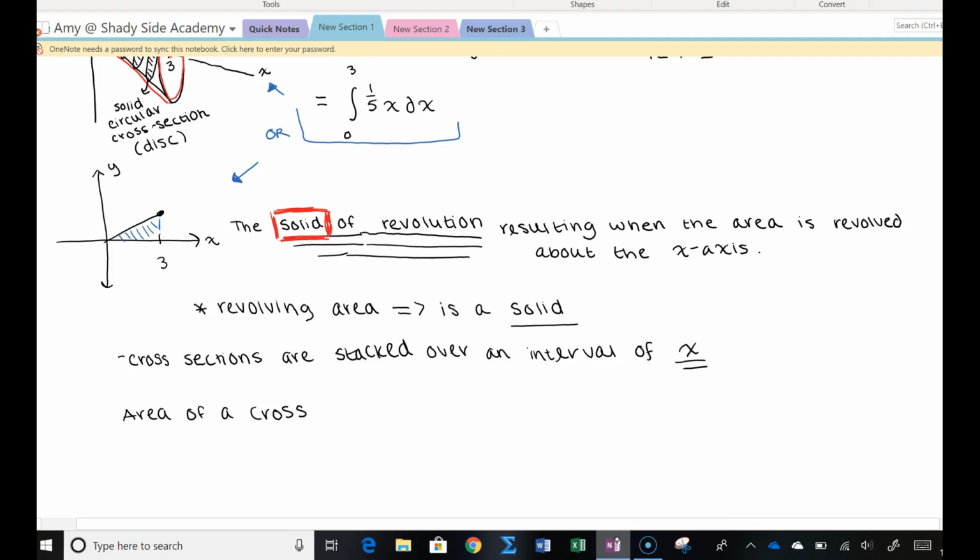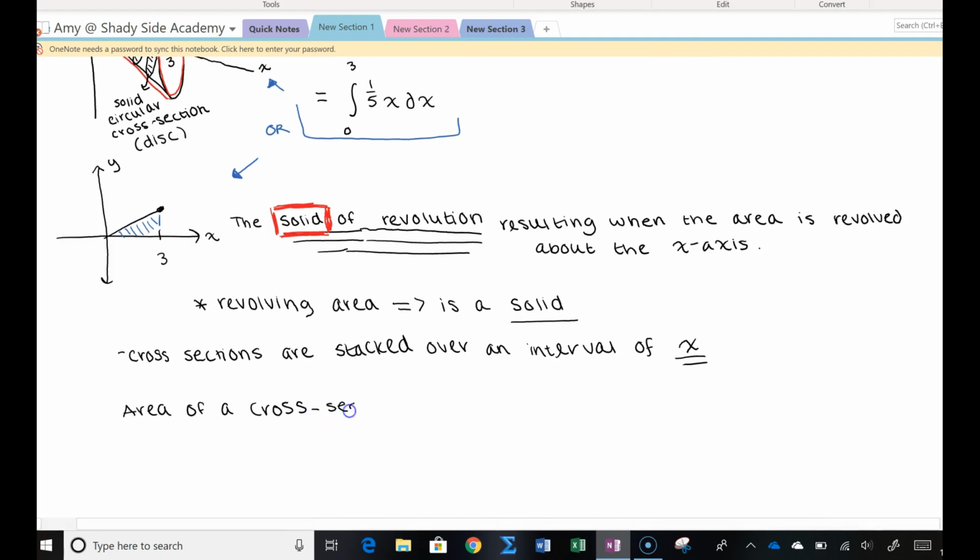This right here is y equals 1/5 x. This vertical distance is the distance from the x-axis up to the curve. This distance here is y equals 1/5 x. We're drawing it up to the original curve. Does everyone see that?